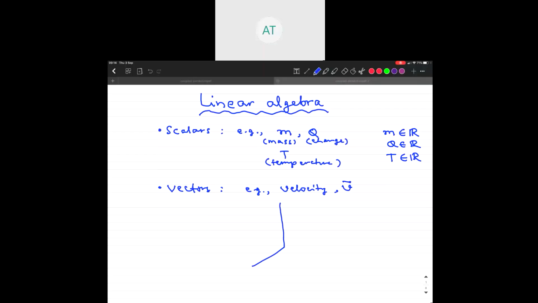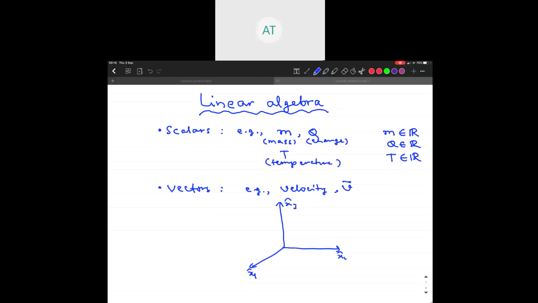Suppose we fix a coordinate system with unit vectors say x1, x2, and x3 along the 3 directions.